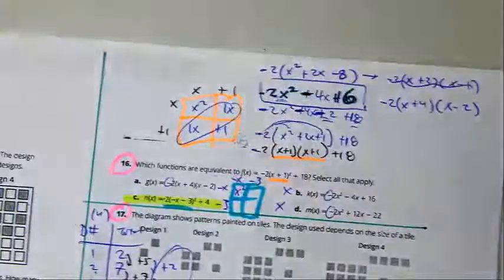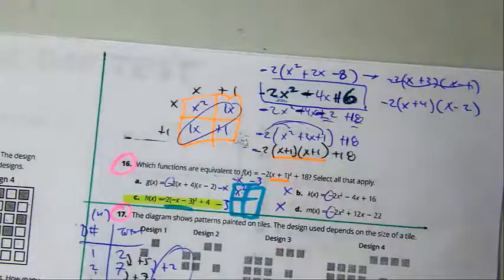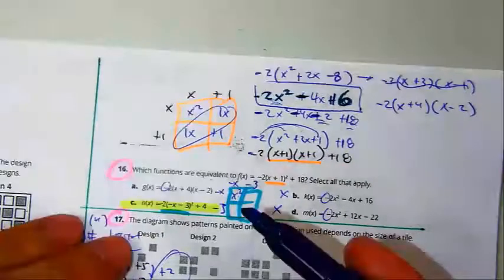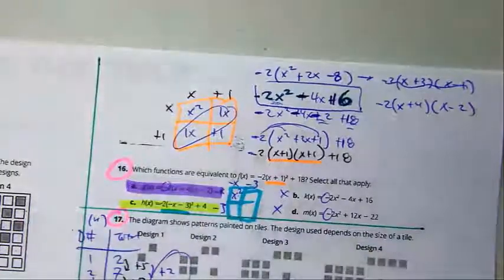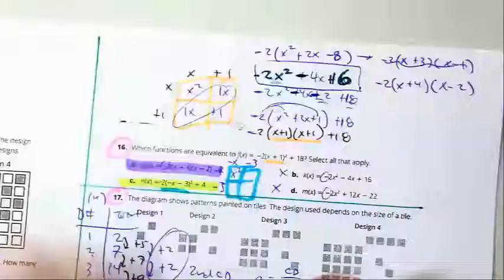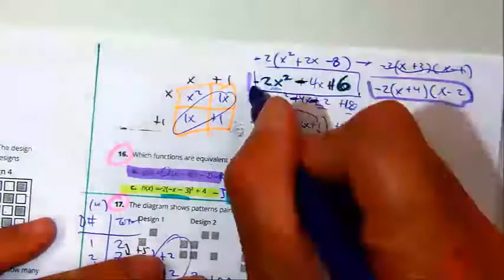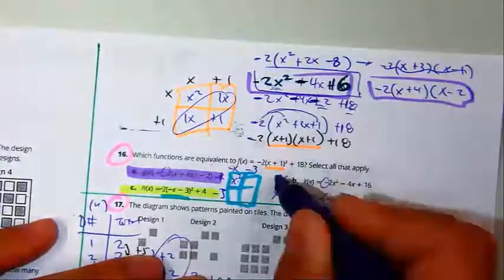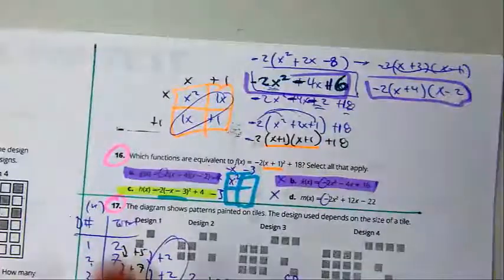And then from there, that would be choice A. And that box, so this one here gives you this one, and then this one as well, negative 4x plus 16. So your two answers for number 16 should be A and B.